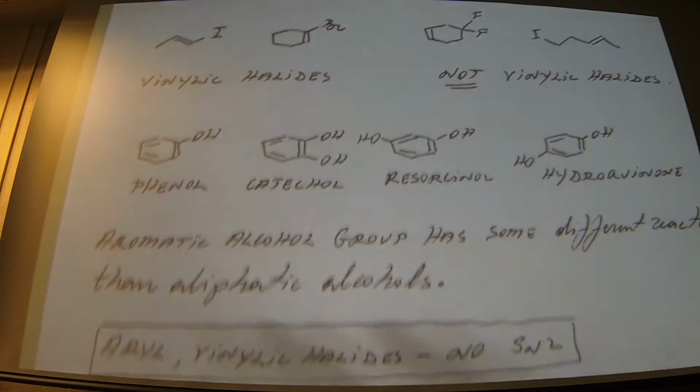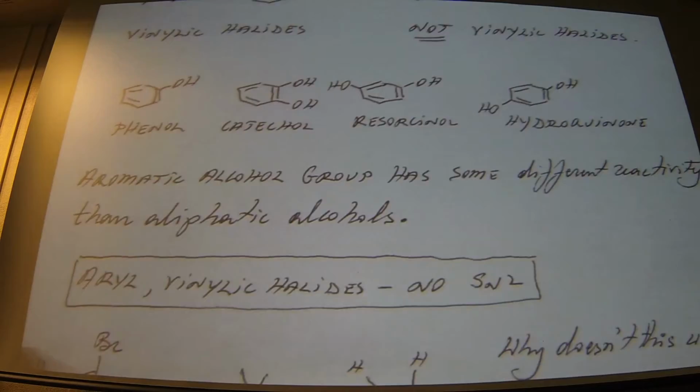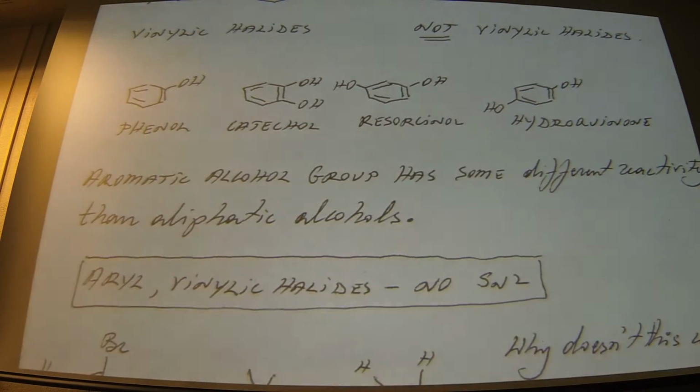Now, I'm going to try to keep the nomenclature part of this brief, but yes, you do need to know catechol, resorcinol, hydroquinone. Those are the common or trivial names for hydroxybenzenes.